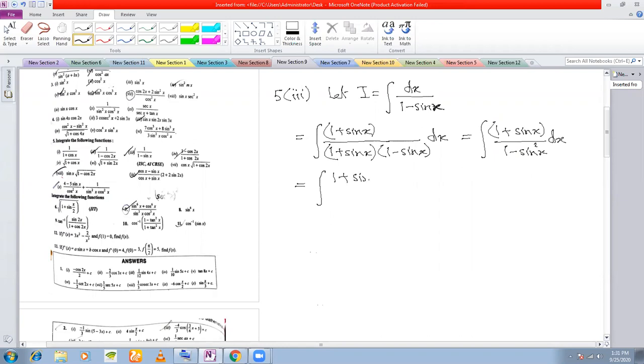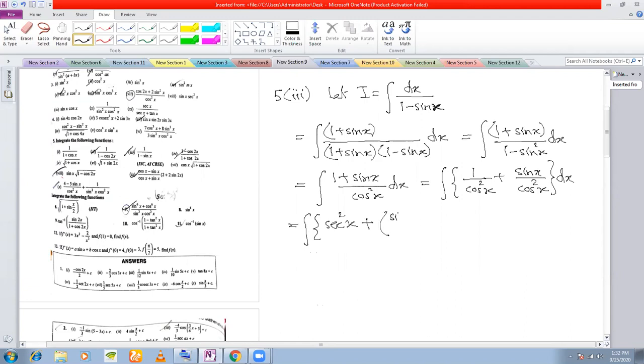So I get integral of 1 plus sin x by cos square x dx. Now you separate: 1 by cos square x plus sin x by cos square x, dx, which is sec square x plus sin x by cos x into 1 by cos x.